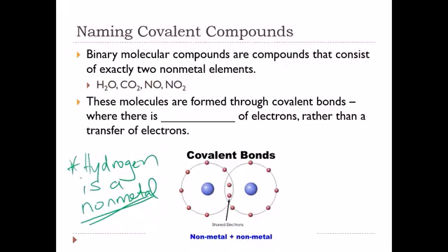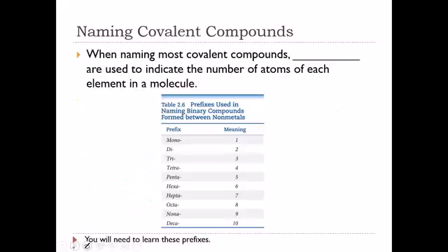So these molecules are formed through covalent bonds, where there is sharing of electrons rather than the transfer of electrons. They share electrons such that each atom involved is able to obtain an octet, or 8 valence electrons.